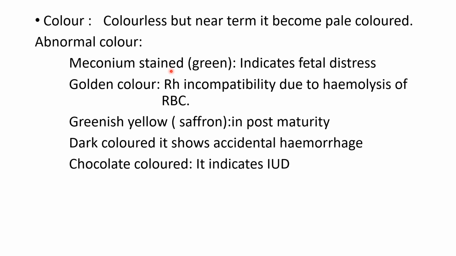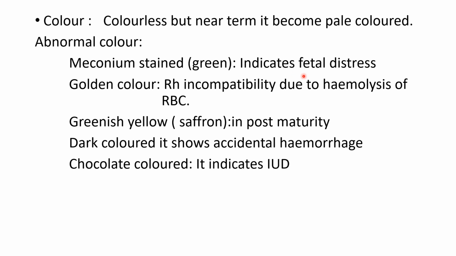When the baby passes this meconium or stool, which is green in color, it enters the amniotic cavity, so the amniotic fluid will become green in color. So meconium stained amniotic fluid indicates fetal distress.